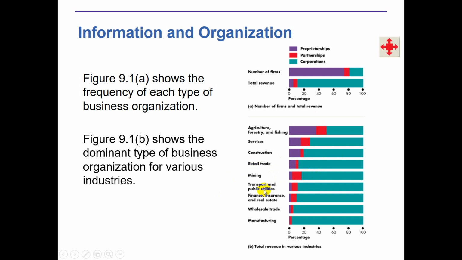But interestingly, in the mining sector, partnership supersedes sole proprietorship, because I think the cost is an important factor here. In transport and public utilities, corporations are also higher than partnership and sole proprietorship. Then finance, insurance, and real estate, wholesale trade, and manufacturing, which is highest among all.